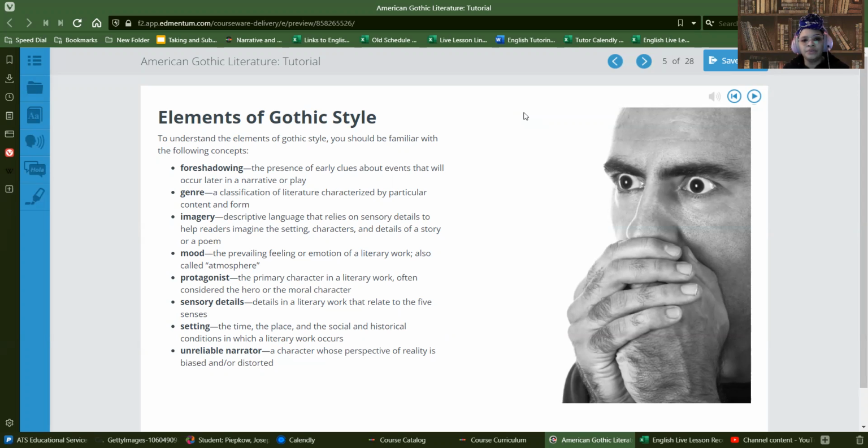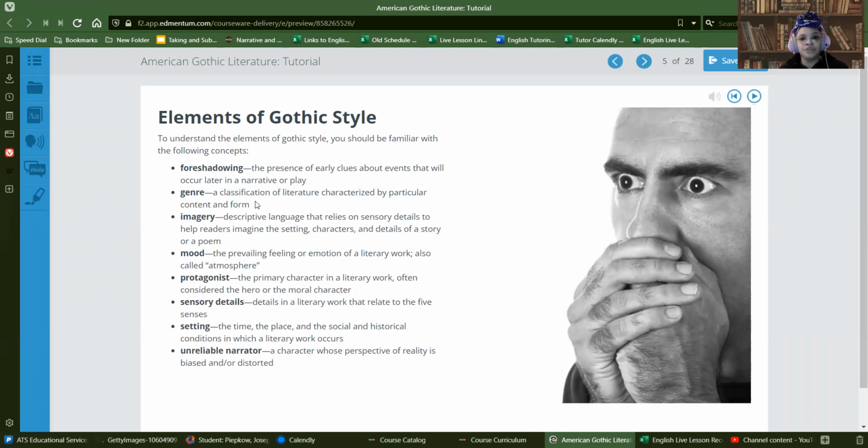So with genre, that's the second one here, we've got the classification of literature characterized by particular content and form. So basically, a genre is a category that you expect to have certain features. I wanted to give you an example of this just to refresh your memory. Genre works similarly, not exactly the same, but similarly for movies as it does books.